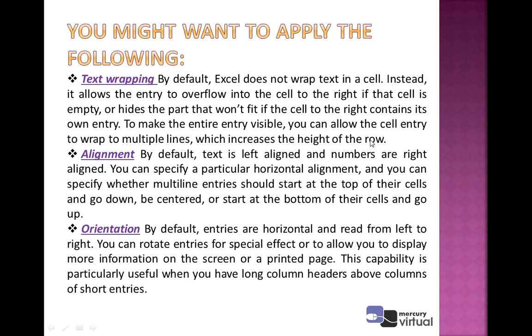Whenever you want the whole content to be available in only one cell, you can simply use the text wrapping option. Then there is alignment. There are basically four types of alignment: left, center, right, and justified. Left means the whole content will be moved to the left.